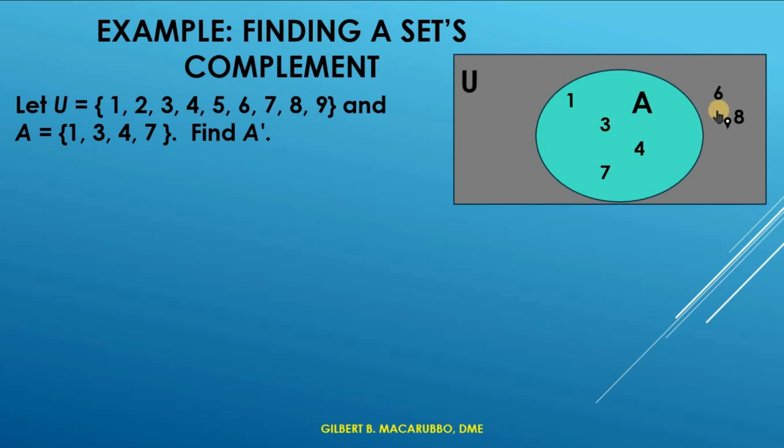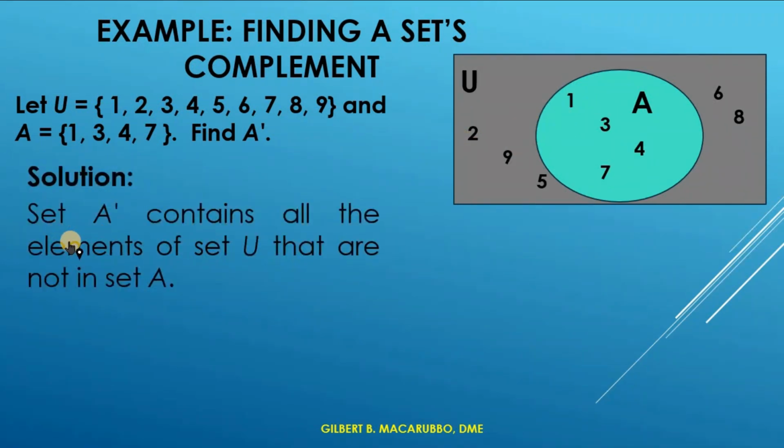Then we have here another elements outside set A. We have 6, 8, 2, 9, 5. So, the complement now of set A, we have 2, 5, 6, 8, and 9 because these are elements that are outside set A. Okay.